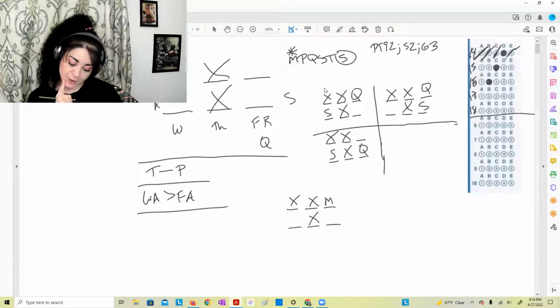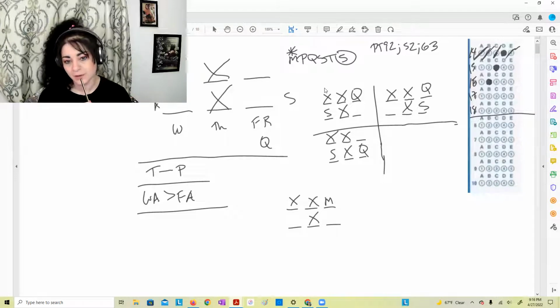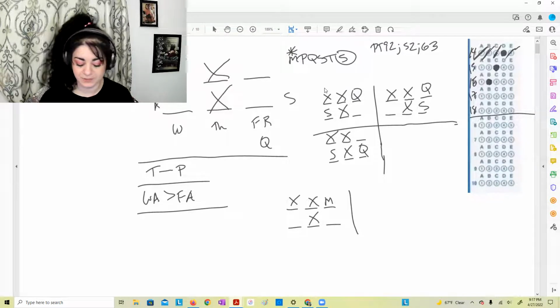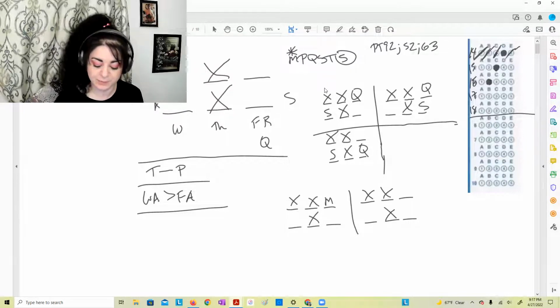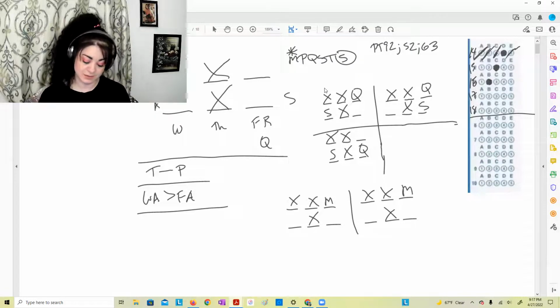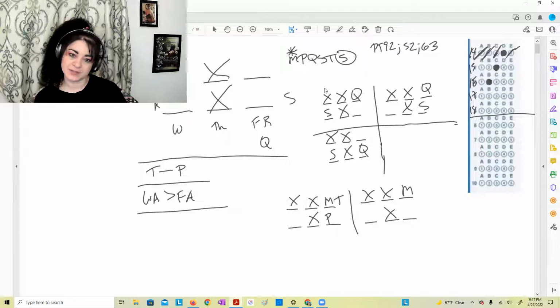So now what needs to happen? I'm trying to figure out what to assign next. Let's try assigning the TP rule next, because T needs to be before P. So what I could do is T and then P. I don't think that would work.